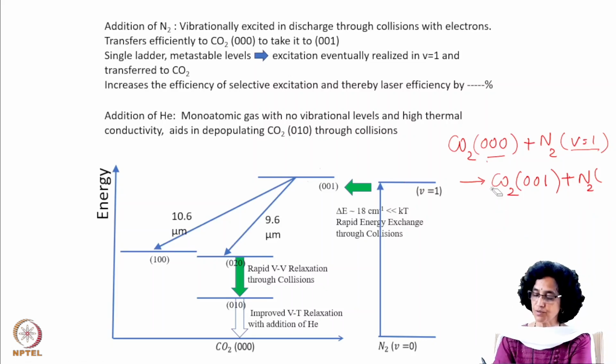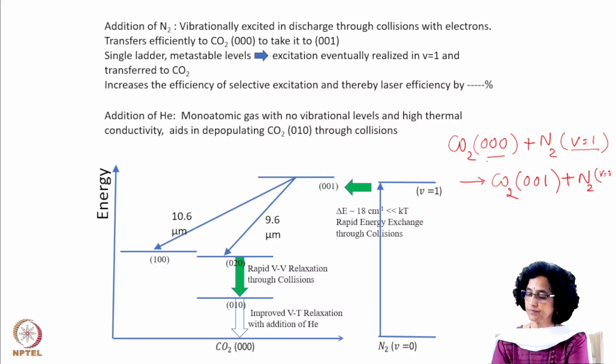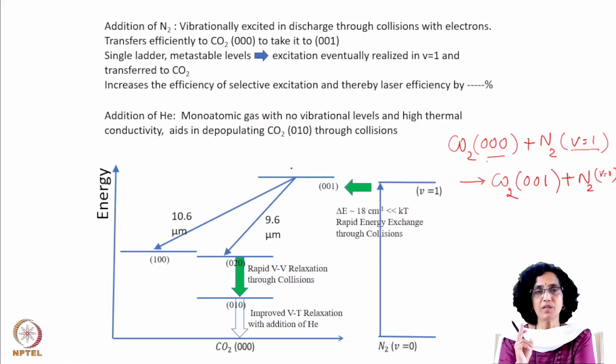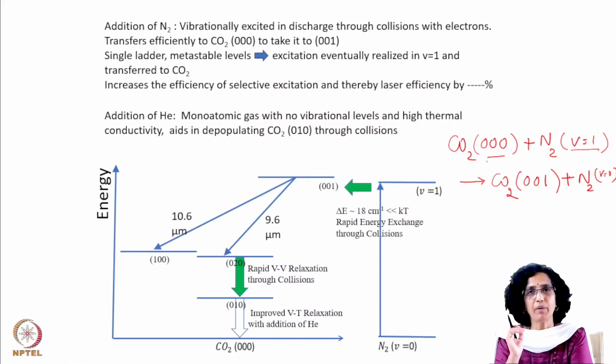So now you have understood that by adding nitrogen into the laser gas mixture, one problem is solved, that is selective upper level excitation.